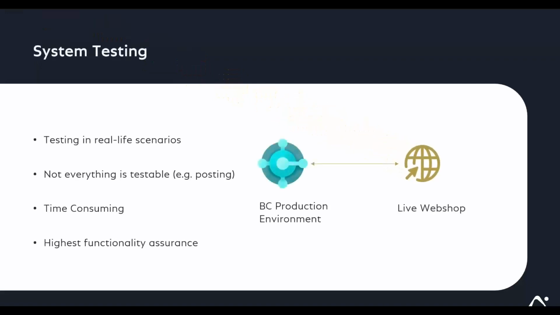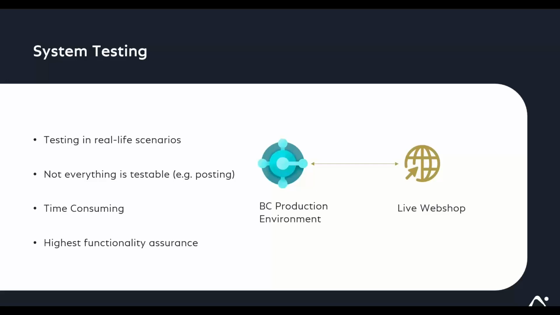When we talk about system testing, we talk about production environments which are connected to, for example, a live web shop. This is a real live scenario for testing, which means we are testing with real data, in real systems, and if it works in the real system test, it will work. But we have some disadvantages. First of all, it's time consuming.